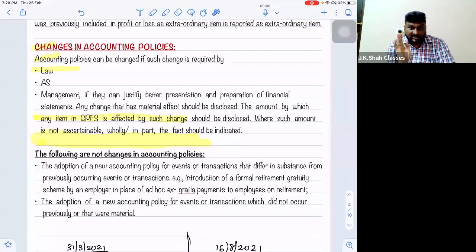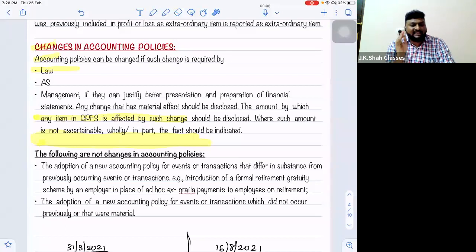Right? The first situation. Second situation, adoption of a new accounting policy for events or transactions which did not occur previously or that were immaterial. Means you have formed a policy for employees after retirements.